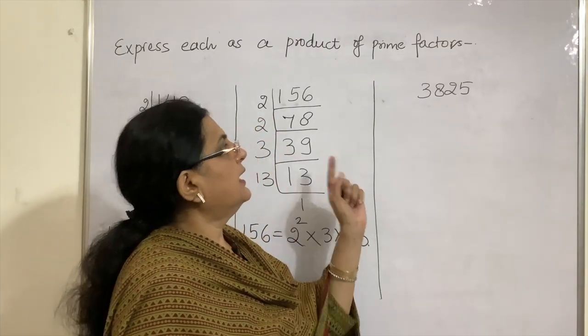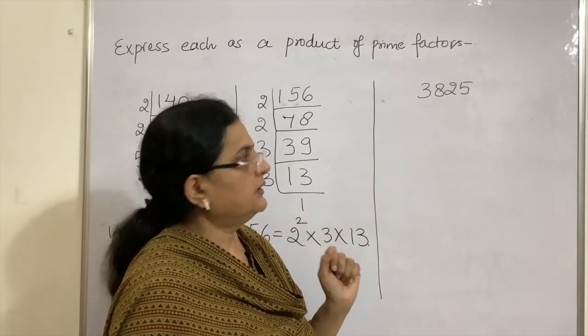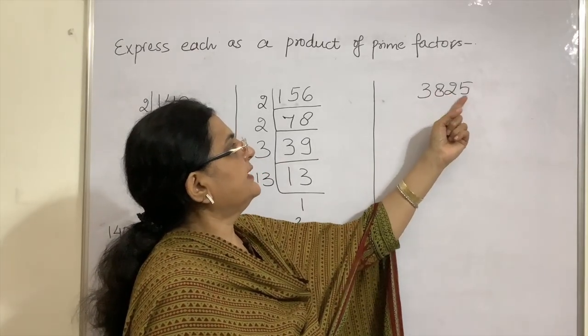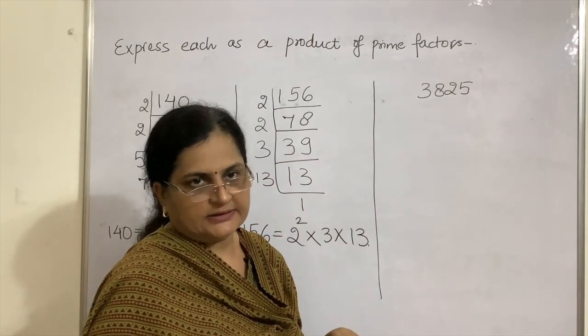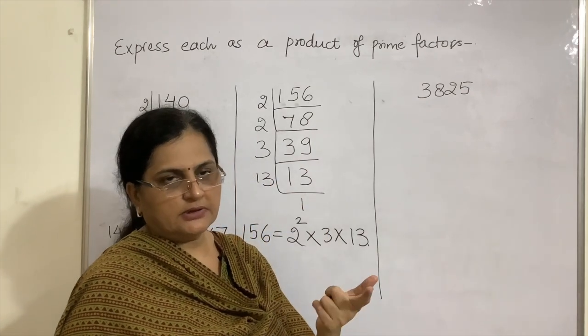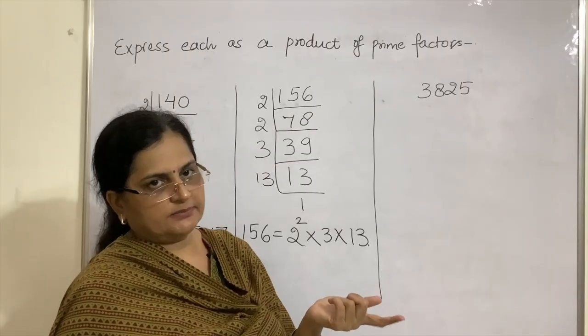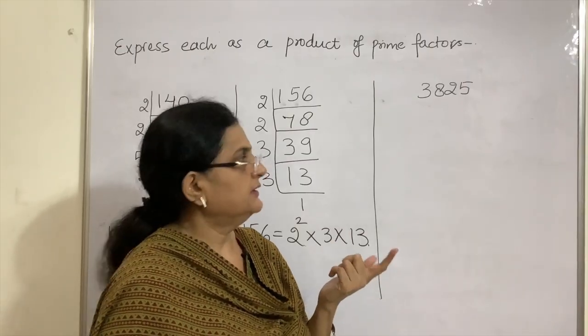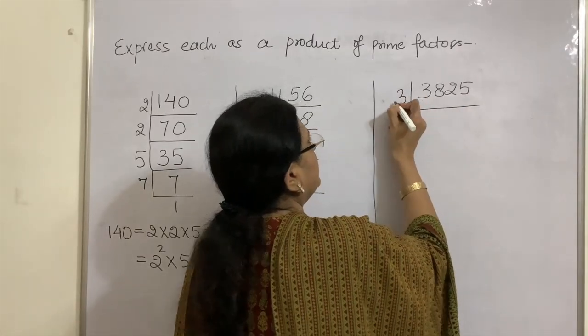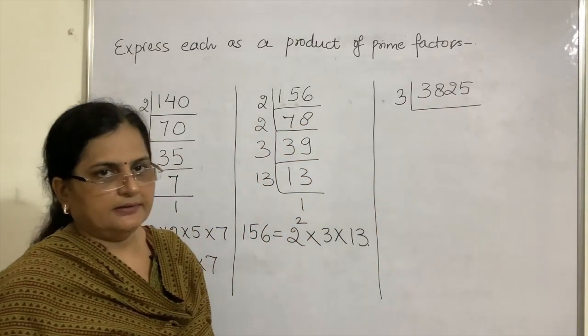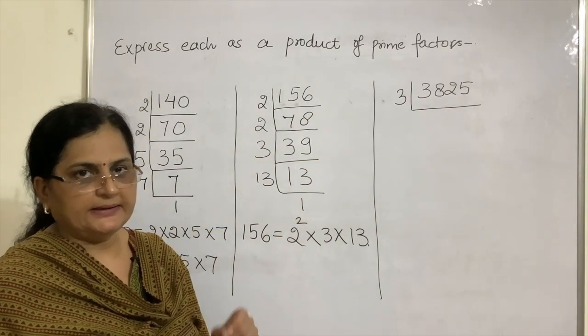Add up all the digits. How? 8 plus 2, 10, 15, 16, 17, 18. 18 is the sum. 8 plus 1 is what? 9. 9 is divisible by 3? Yes. That means this number can be divided by 3 completely.